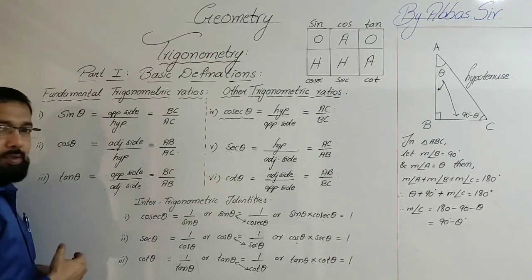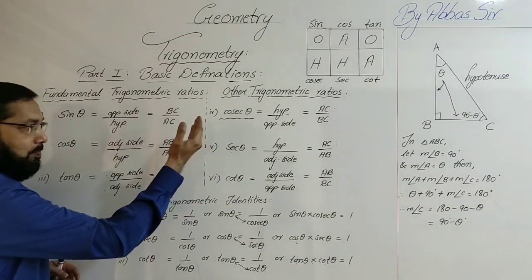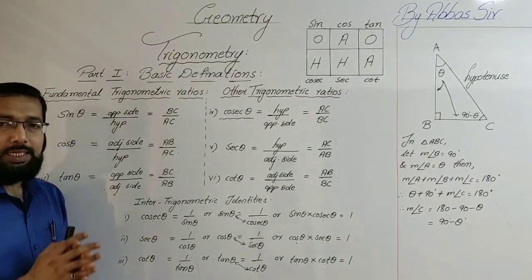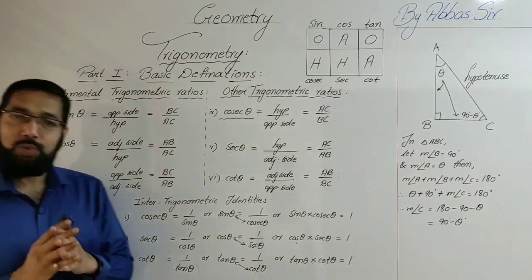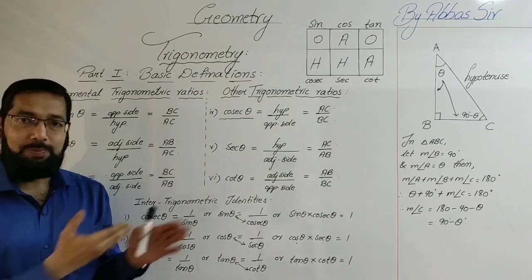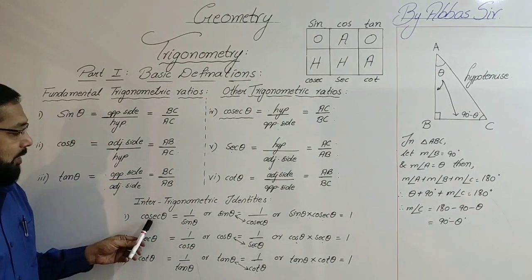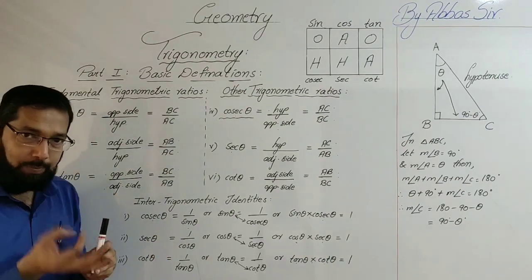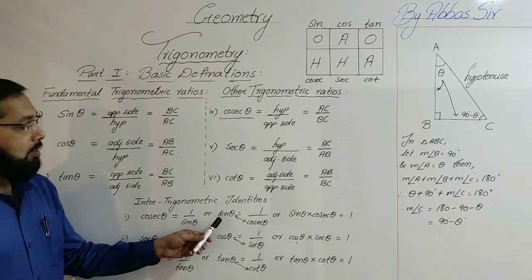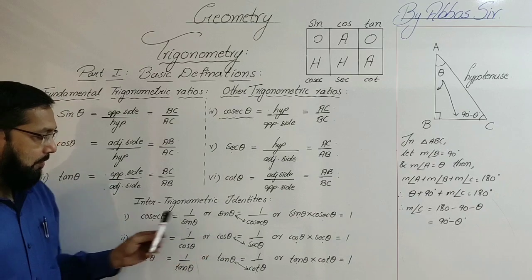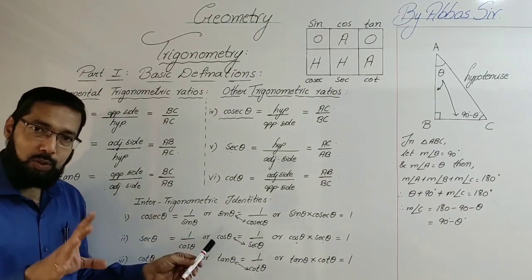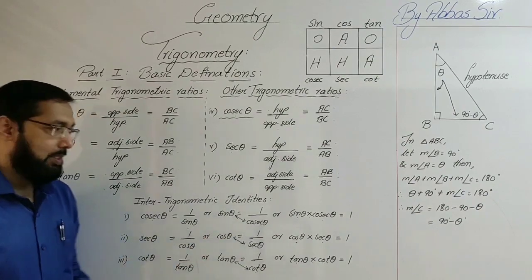Now, as we saw, cosec theta, sec theta, and cot theta are the reciprocals of sine, cos, and tan. Therefore, mathematically we can express cosec theta as 1 upon sin theta, because reciprocal means 1 upon. It is vice versa. If cosec theta is the reciprocal of sin theta, then sin theta is also the reciprocal of cosec theta.